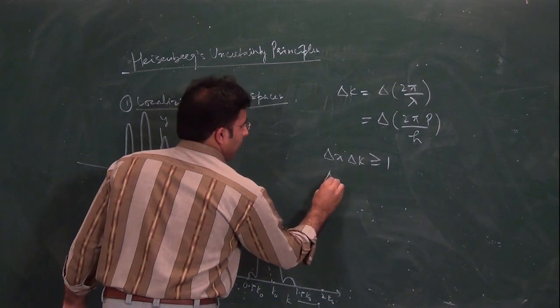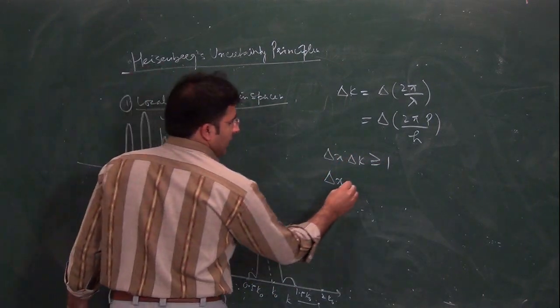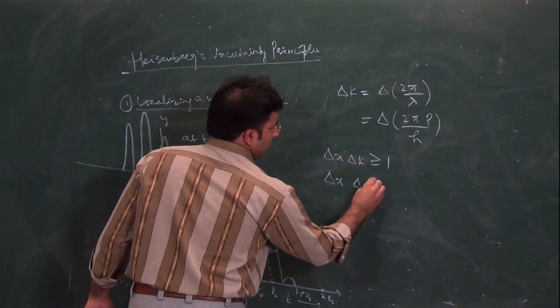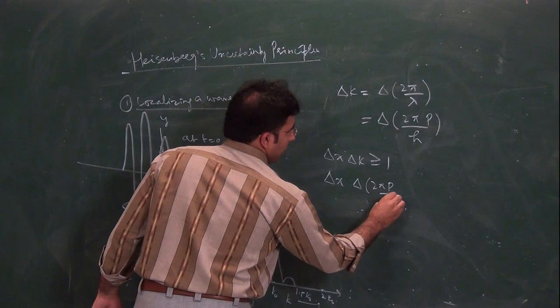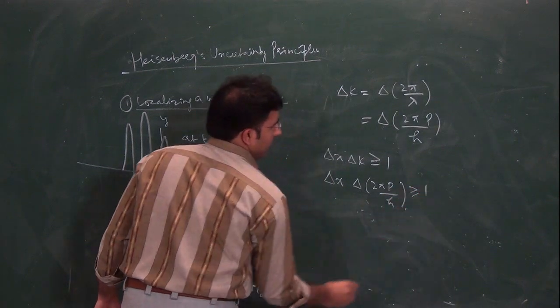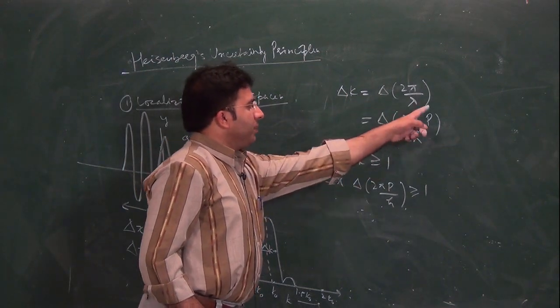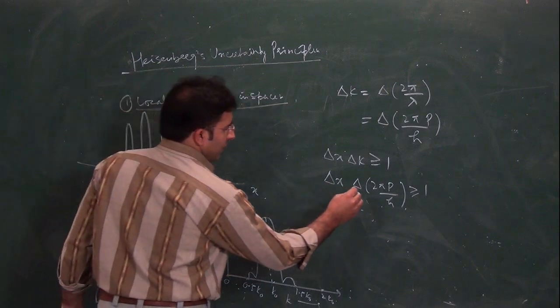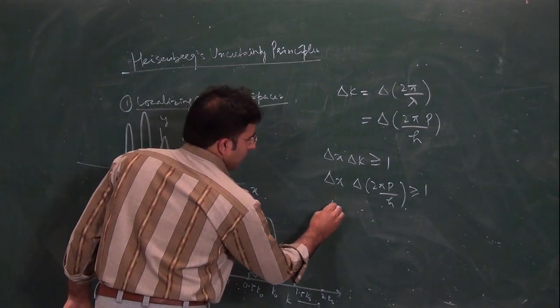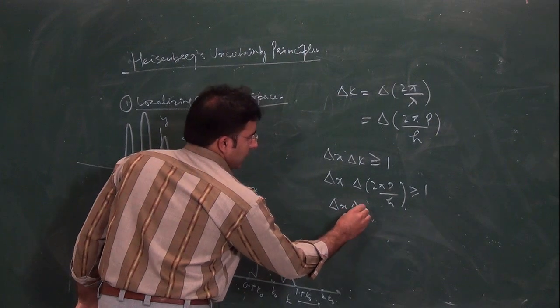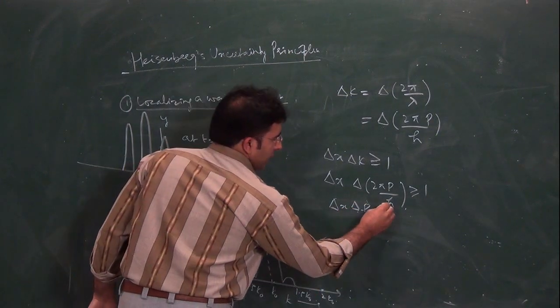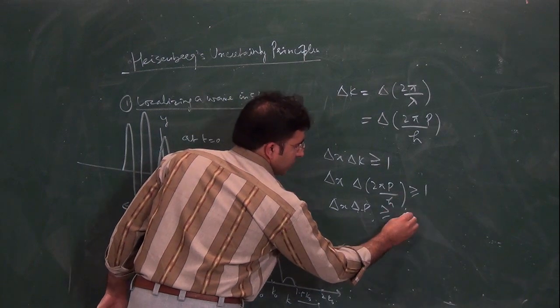Instead of delta k I will write delta 2 pi p by h, greater than or equal to 1. It was 2 pi by lambda, and instead of lambda, h by p will come up. So then I write delta x delta p is greater than or equal to h by 2 pi.